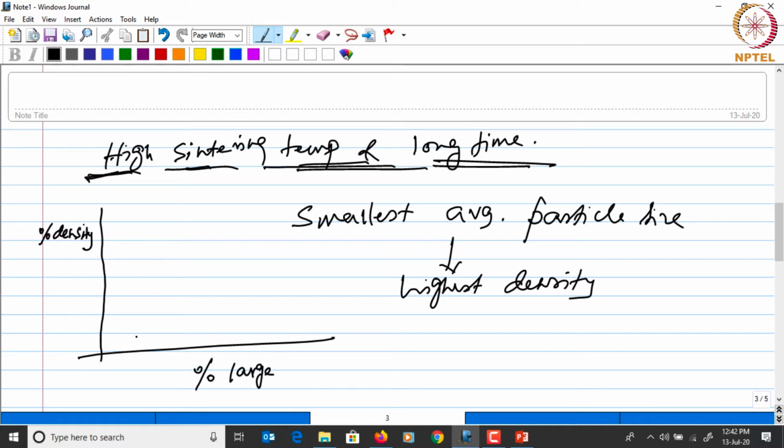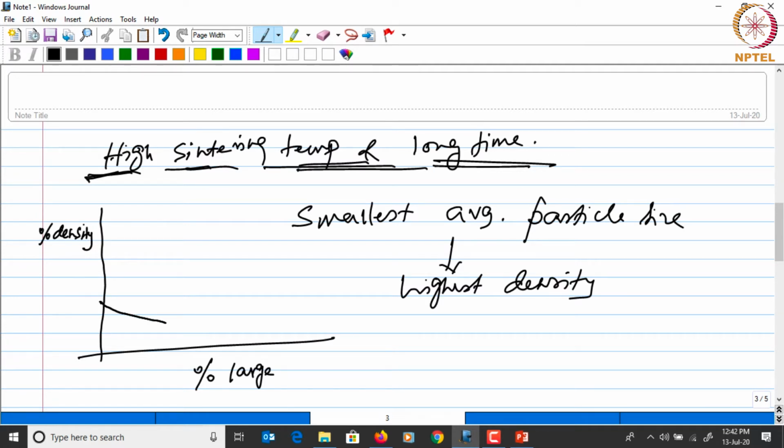That means when you have a smaller fraction of the large particles, that will give rise to high sintered density and high shrinkage. So let's plot the shrinkage first.